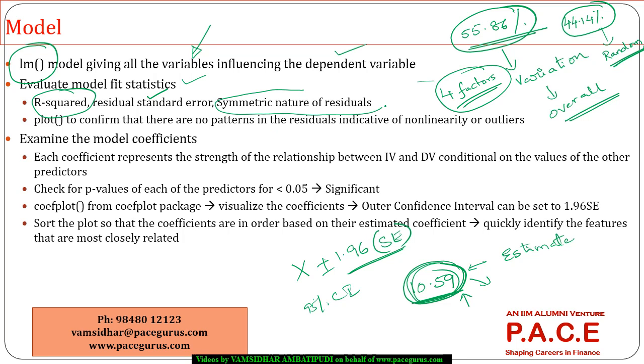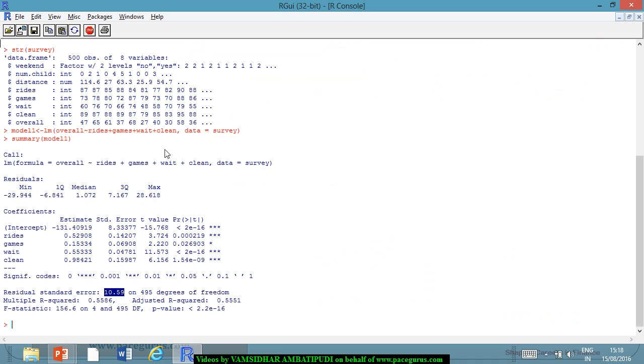Then the third thing that I am checking is the symmetric nature of the residuals. The symmetric nature of the residuals can very well be looked at from the first quartile and the third quartile in the data.